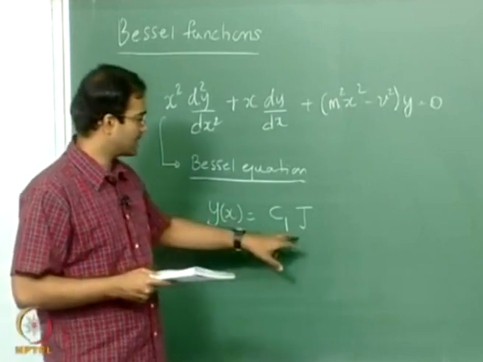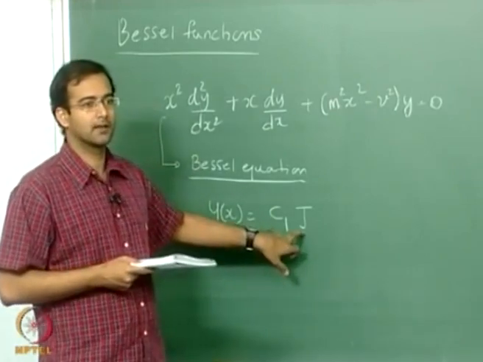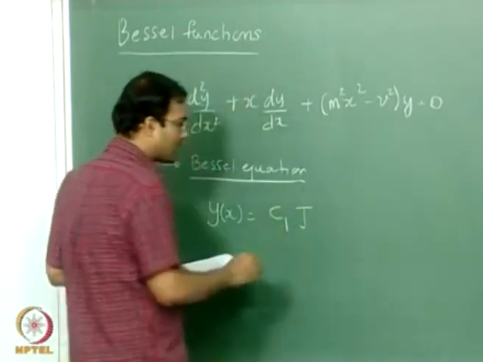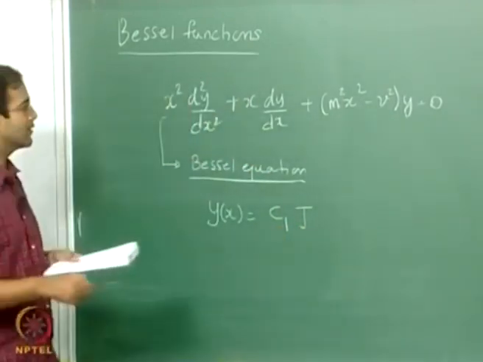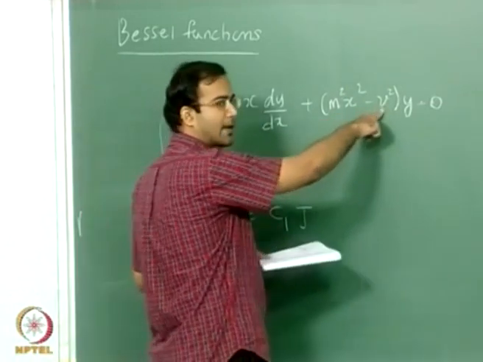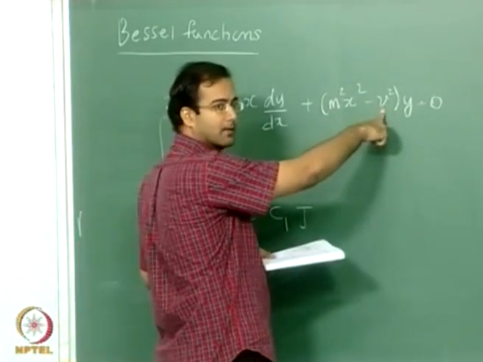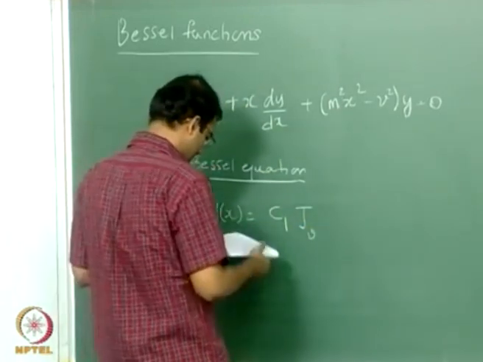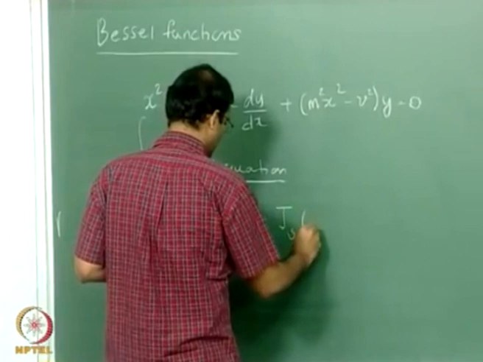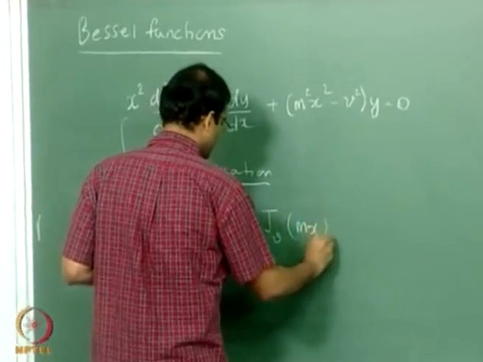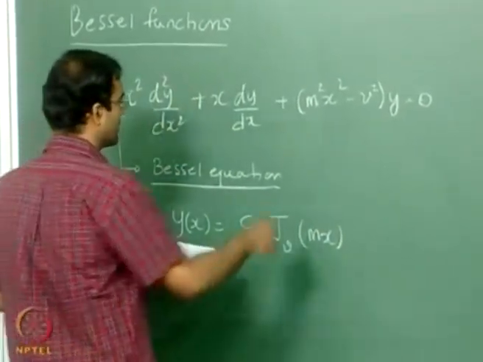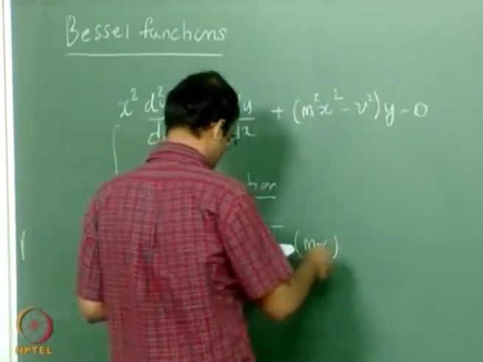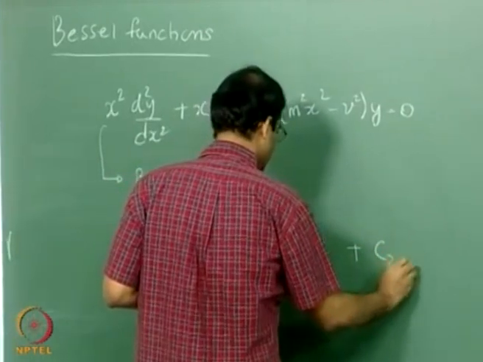The Bessel function of the first kind is represented by the letter J, and the order is denoted by this value of nu, which is any real number. This is a function of m times x, where m is the value that you have got here, so J nu of mx plus c2.